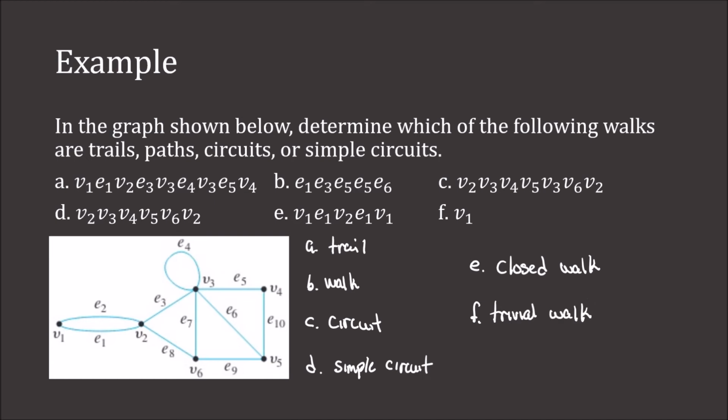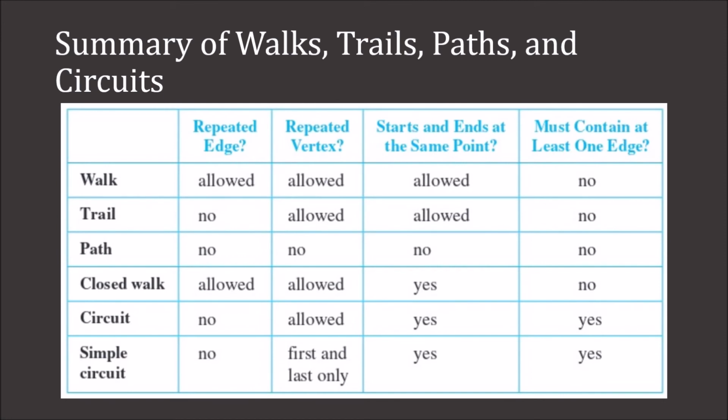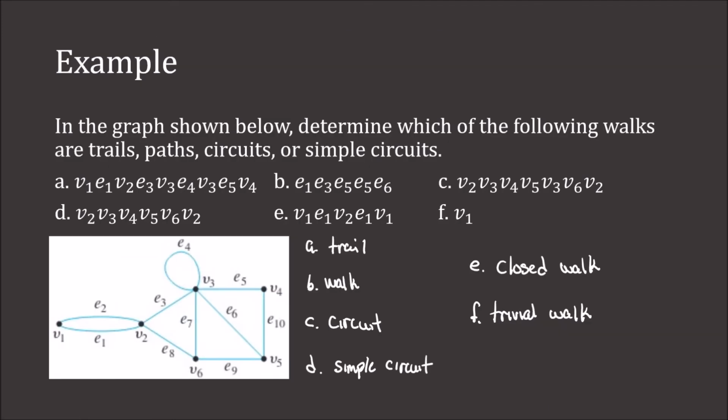It's the single vertex. Notice by definition, a trivial walk also defines a trail. Because remember, a trail did not have repeated edges, could have a repeated vertex, has to start and end at the same point, and does not have to contain at least one edge. So trivial walk, which is also a trail.